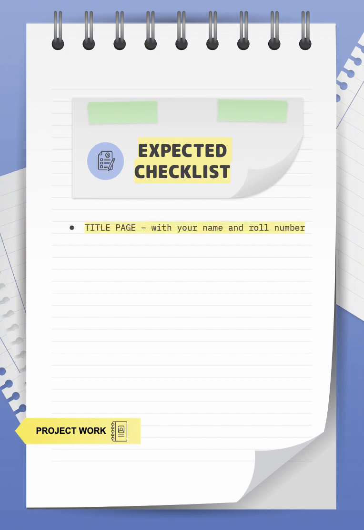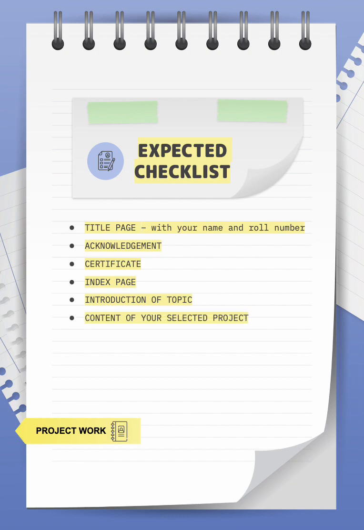Then this is the expected checklist for the project file that you will present. First of all you will make a title page, followed by an acknowledgement page, certificate, index page, introduction of the topic, and content of your selected project. It means basically you will explain the entire topic.